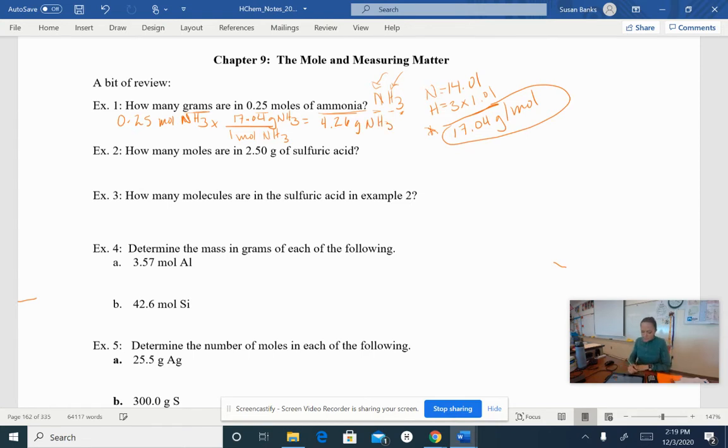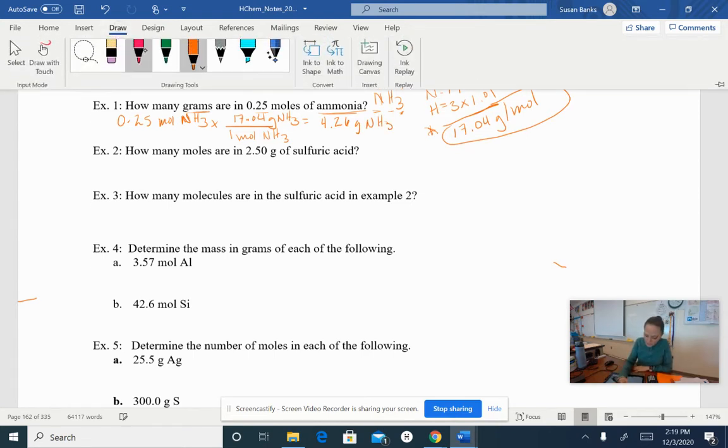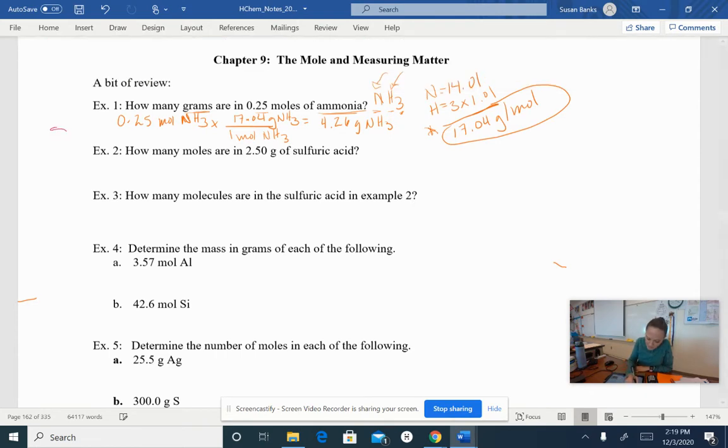Now, I'm not necessarily done because if you remember, I have to do sig figs. Here I only have 2 sig figs, so I really should only do 2 sig figs on my answer. If I do my 2 sig figs, the 6 tells me to round up. So I'm going to round this up to 4.3 grams of ammonia. So the 4.3 would be my correct answer.